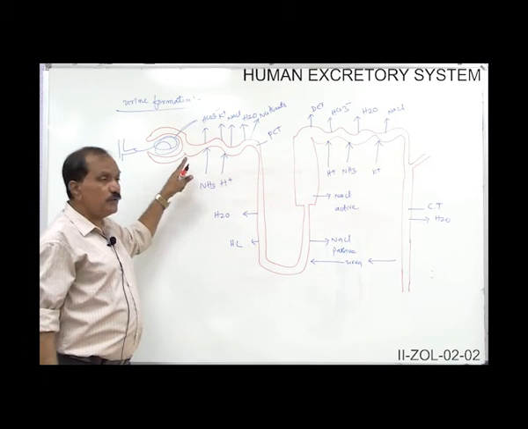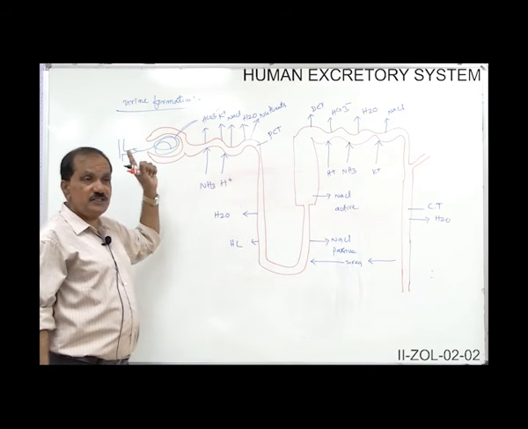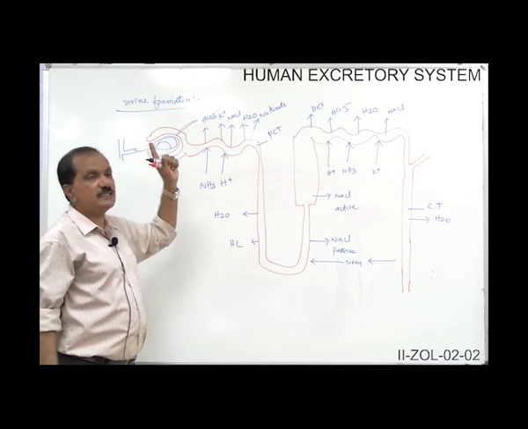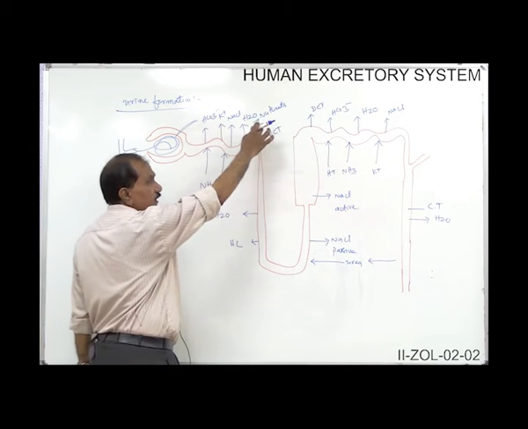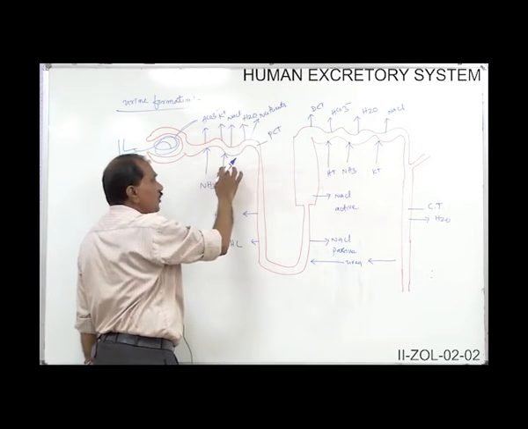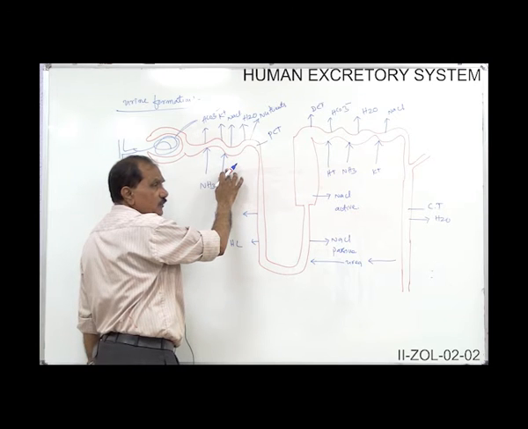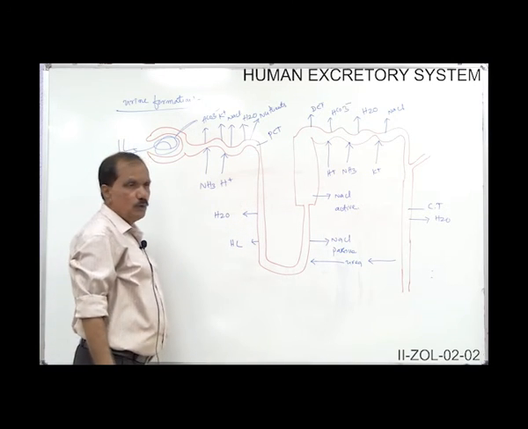That is, the urinary tubule undergoes secretion also, so it is secreting and also undergoing reabsorption. The upper arrows tell about reabsorption and the lower arrows tell about the secretion of the nephron tubule.